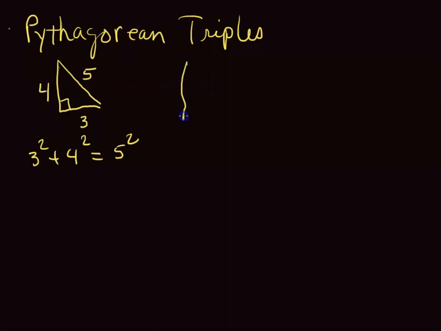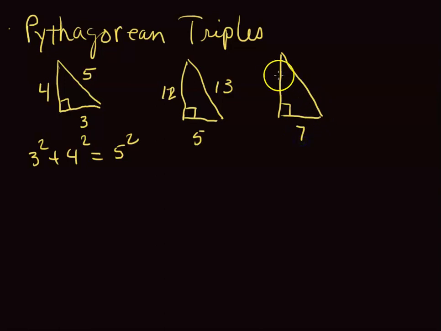Some others that you should probably memorize, if you can draw a really nice triangle like that. The 5, 12, 13. You can check it if you'd like, but you'll get a right triangle from that. There's another one, the 7, 24, 25.